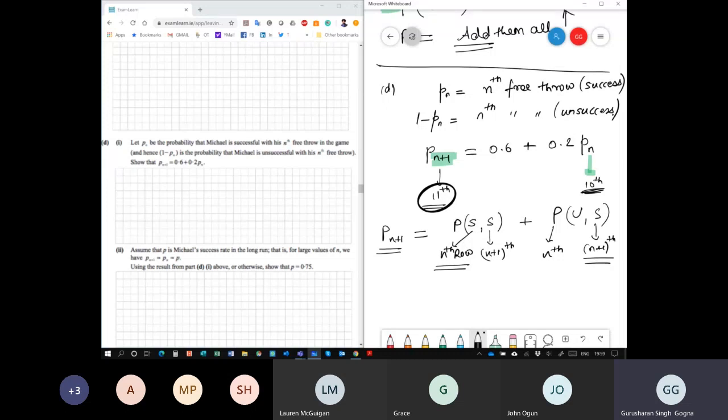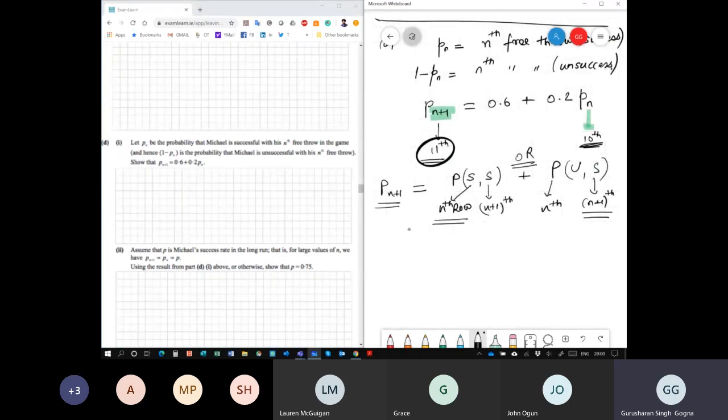Pn plus 1 is the probability of success for the n plus 1th throw. But there are two possibilities, so again I'm using or. The nth throw can be successful or it can be unsuccessful, so I need to add their probabilities. Now, what is the probability of PSS? The probability of the nth throw being successful is given in the question, which is Pn.